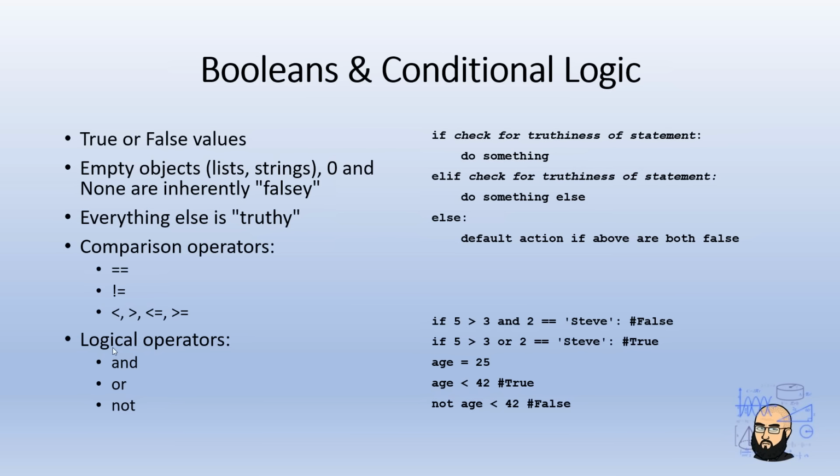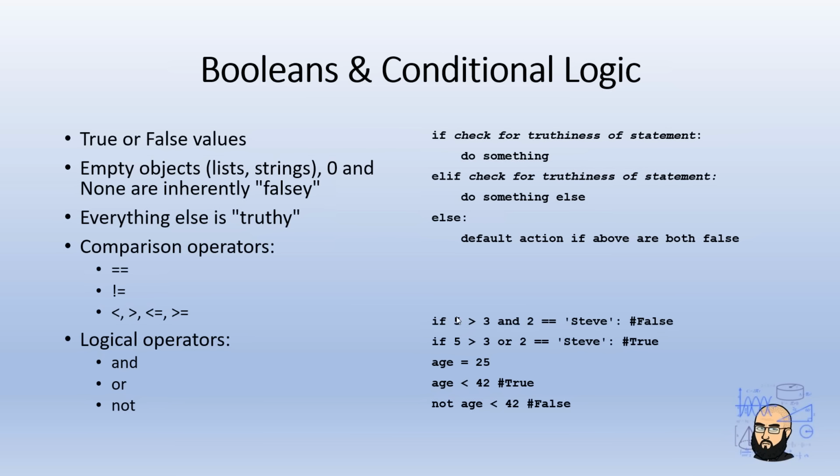Okay, and so then down at the bottom here we have logical operators, the and, or, and not. So in an if, elif, else stack, you can check for the truthiness of a statement, but what you can also do is check for the truthiness of multiple statements. So in this if statement, if 5 is greater than 3 and 2 is equal to the string Steve, do something.